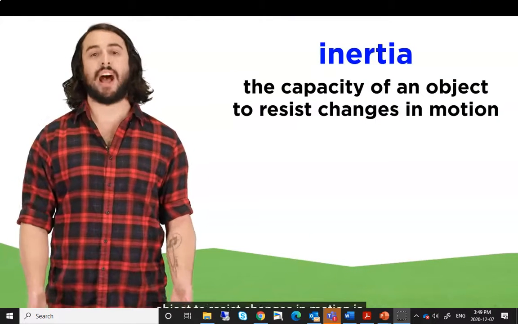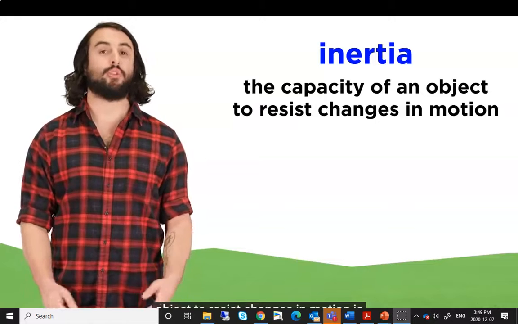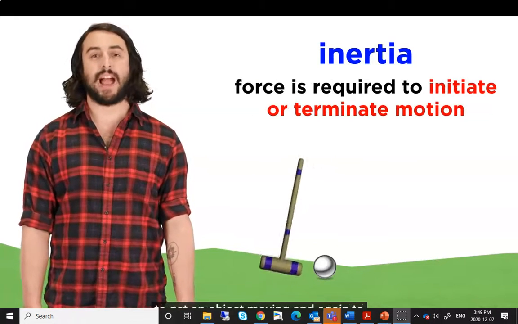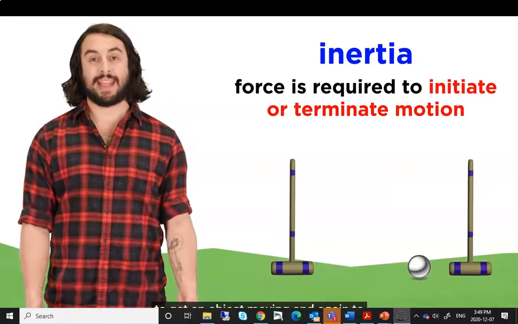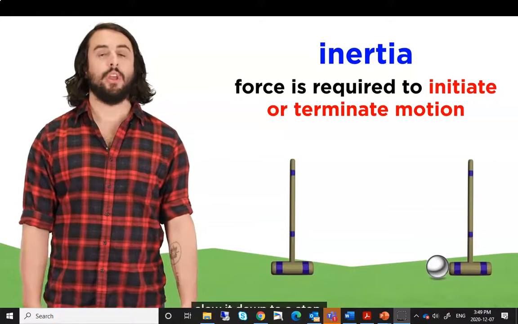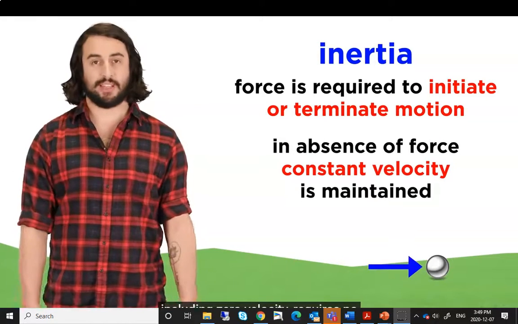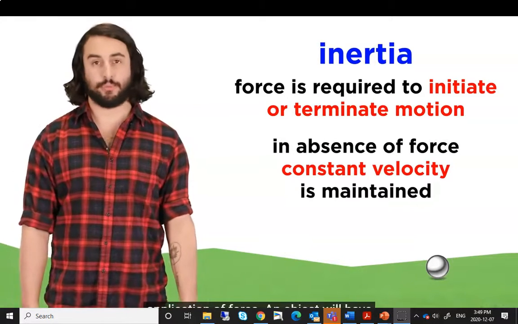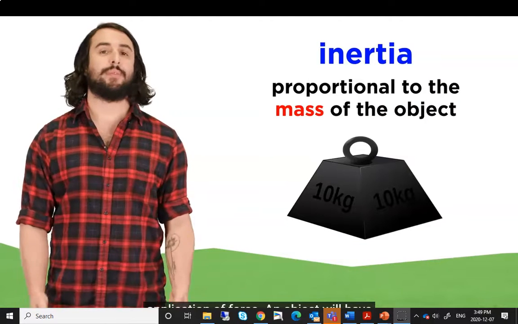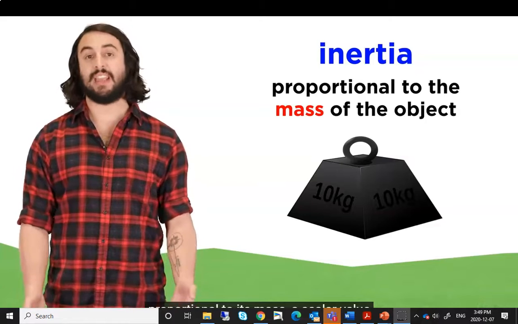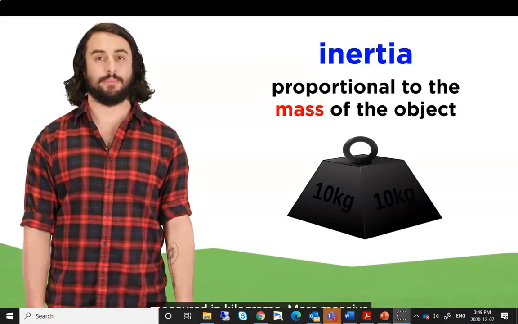The capacity of an object to resist changes in motion is called its inertia. Force must be applied to get an object moving, and again to slow it down to a stop. Only motion with constant velocity, including zero velocity, requires no application of force. An object will have some amount of inertia that is proportional to its mass, a scalar value measured in kilograms.